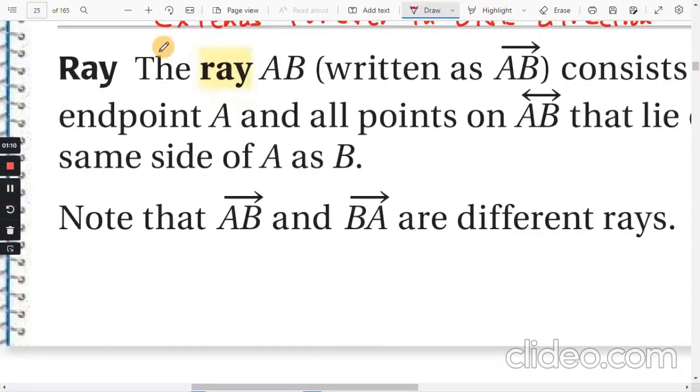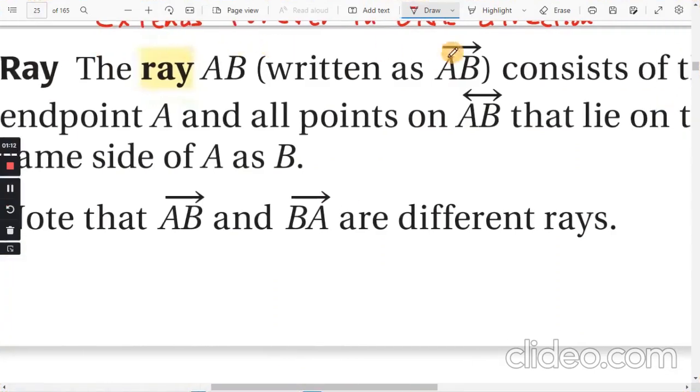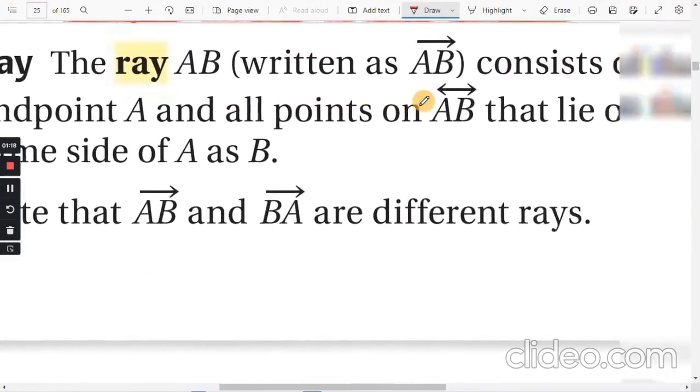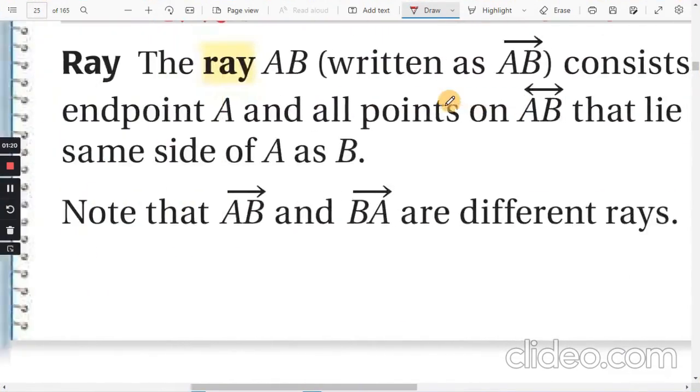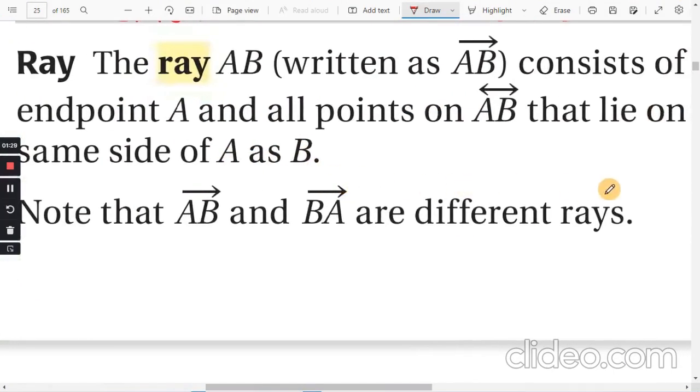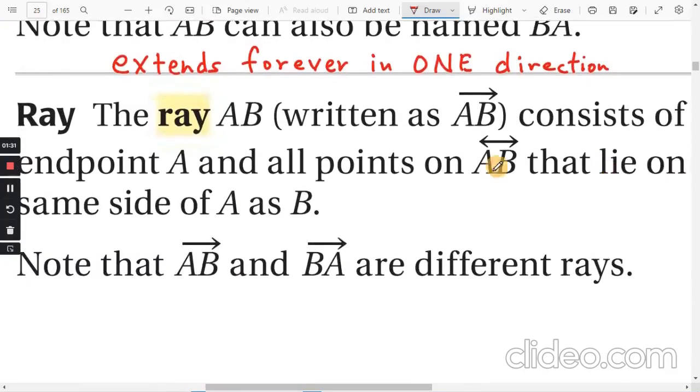Okay, ray definition. The ray AB, written as AB with this symbol on top, consists of the endpoint A and all points on line AB that lie on the same side of A as B. Note that AB and BA are different rays. All right, so you want to remember for the ray, it extends forever in one direction.